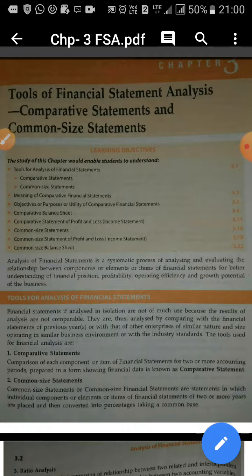But they are thus analyzed by comparing with the financial statements of various years, previous years, or of some base year, so that the present performance of the company can be analyzed with the past performance, and can be analyzed whether the present performance is better as compared to the past performance, or whether the present performance of the company is getting worse as compared to the past performance.